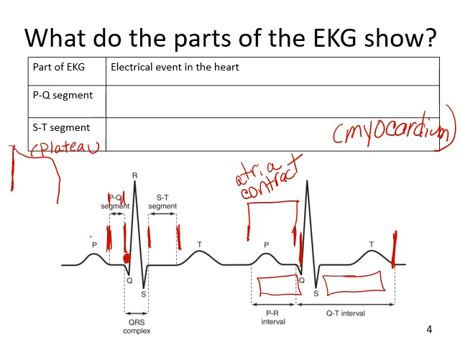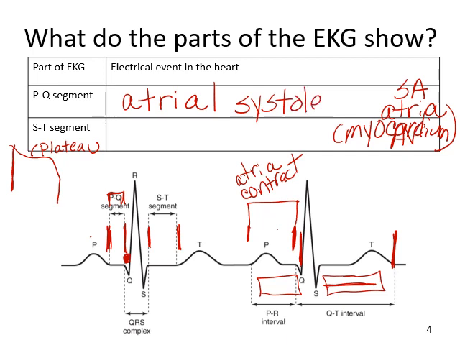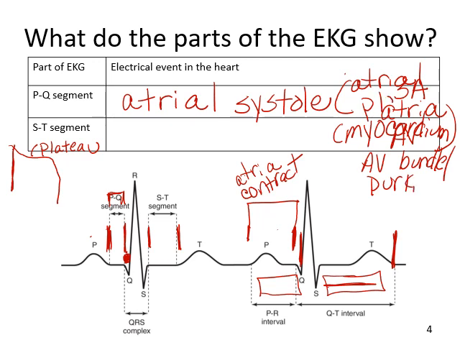If you'll remember, this is when the heart muscle contracts. So at this PQ segment, the atria are in systole. The atria are actually contracting. It means the same thing to say the atria are in that plateau phase.